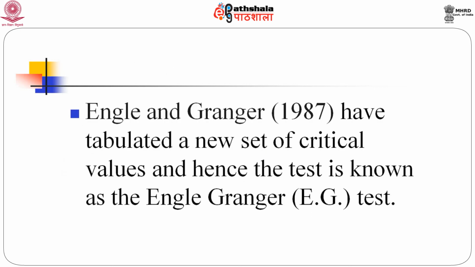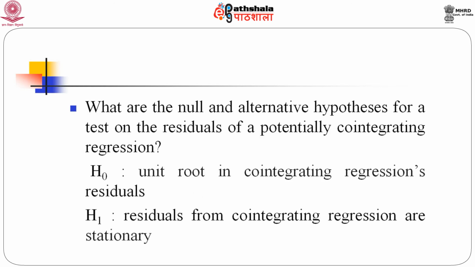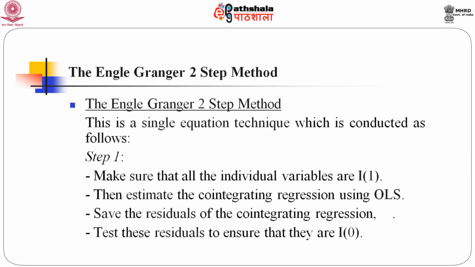Engle and Granger tabulated a new set of critical values, and hence the test is known as the Engle-Granger test. What are the null and the alternative hypotheses for the test on the residual of a potential co-integrating relation? H0: unit root in the co-integrating relation residual, and H1: residual from the co-integrating relation is stationary. And you can perform the Engle-Granger two-step method.